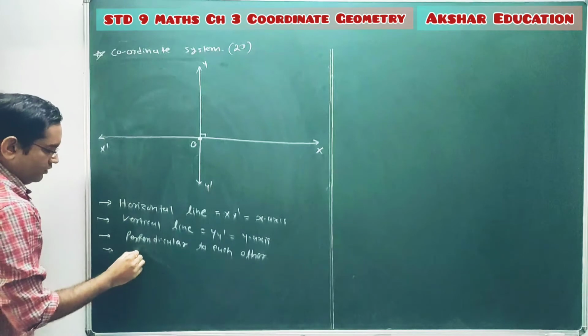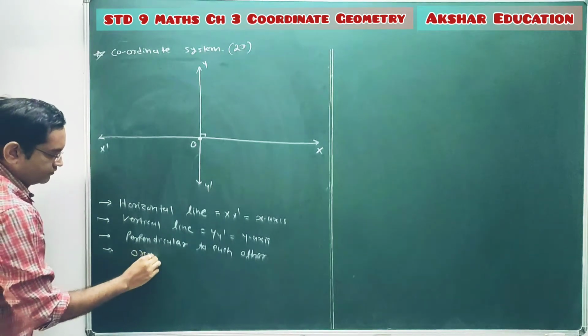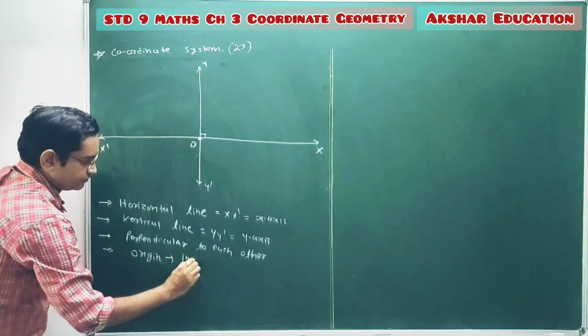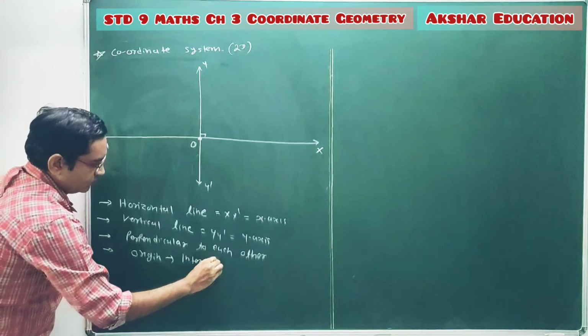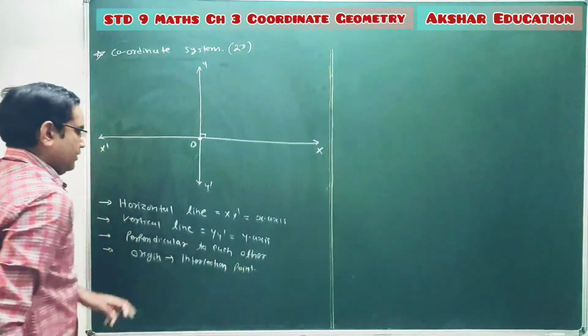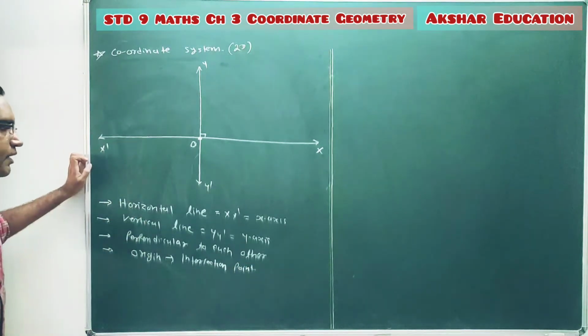It is O, that means origin. That is the intersection point of these two lines. Clear, students?